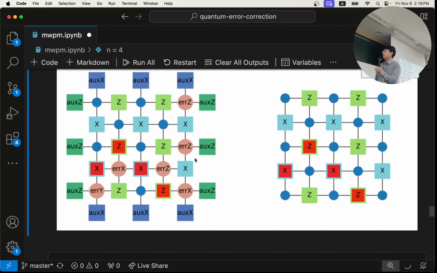But you could have a different, more unlikely possibility here. For example, you could have the Z detection here caused by an X error here and here, and an X error here. That means you have 3 X errors occurring on 3 data qubits. But that's a lower chance than having 2 X errors here.